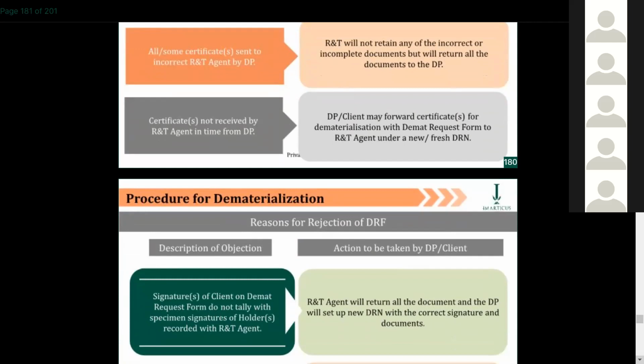So the depository participant would not know if the securities are valid or in whose name the securities are registered. So only when it goes to the R&T agent, they will be able to know about the status of the securities.